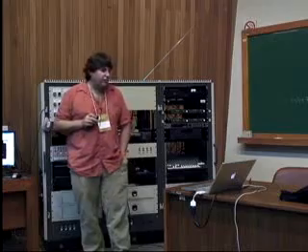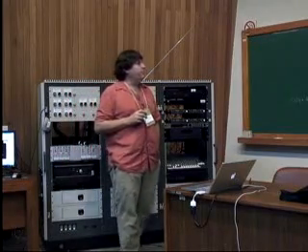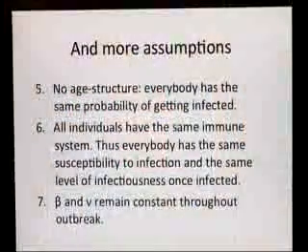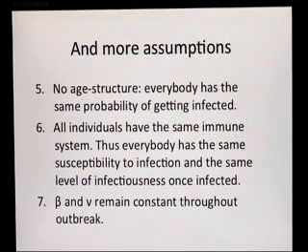And then lastly, the parameters, beta and nu, we're assuming remain constant throughout the outbreak. Well, very frequently, public health interventions are going to change these numbers. So nu, remember, 1 over nu is how long a person is infected.